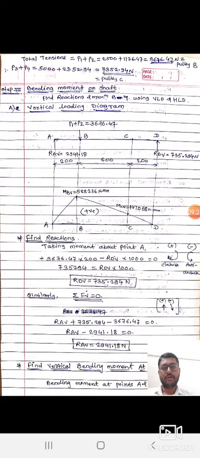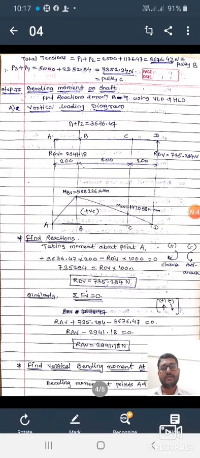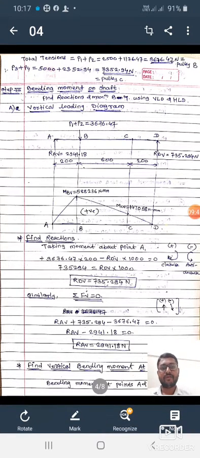Here in this vertical loading diagram, A, B, C, D: on A and D bearings are mounted, and on B and C pulleys are mounted. So we have already calculated the total tension on pulley B and on pulley C. It is clear from the layout that here we consider the vertical loading diagram, with the total tension on pulley B applied vertically, that is P1 plus P2.